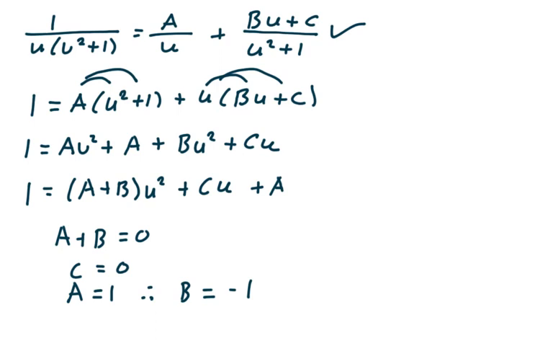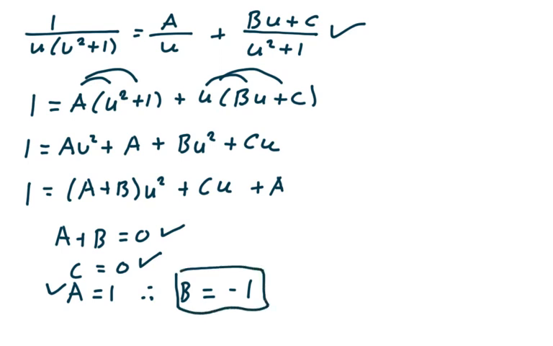And so collecting like terms, I get 1 equals the quantity (A plus B) times u squared plus Cu plus A. So what that tells me is A plus B equals 0, C equals 0, and A is forced to be 1. But if A is 1, can we agree that B has to be negative 1?